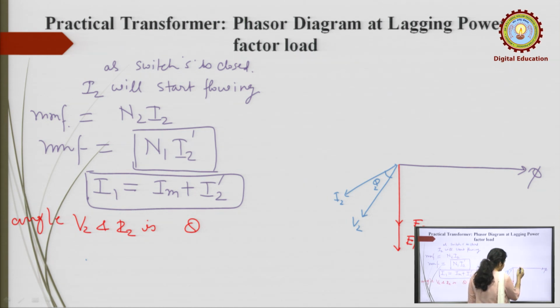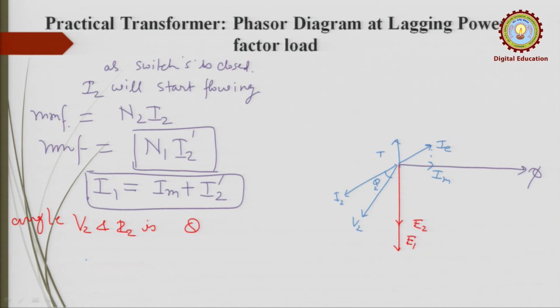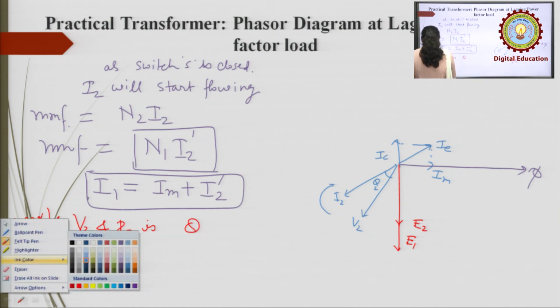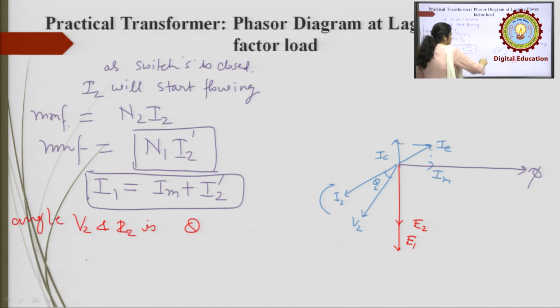Now, here is IM, and this is IE, the no load current, which has two components IC and IM. Okay. To compensate this current, there is a current flowing in the primary side, and that must be equal to I2 dash.